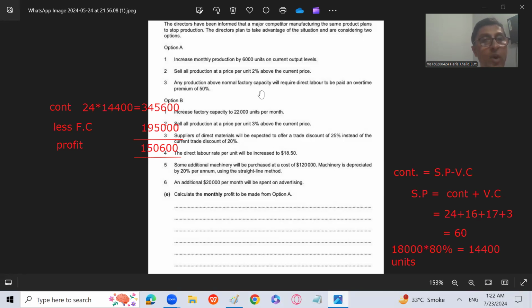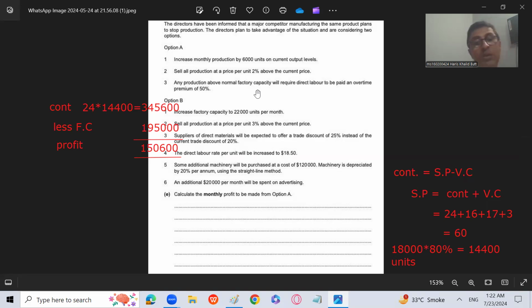Any production above normal factory capacity will require direct labor to be paid an overtime premium of 50%. So you will remember what the direct labor rate is. It is 17. So the examiner is basically asking about all the production above normal factory capacity. And normal factory capacity is how much?